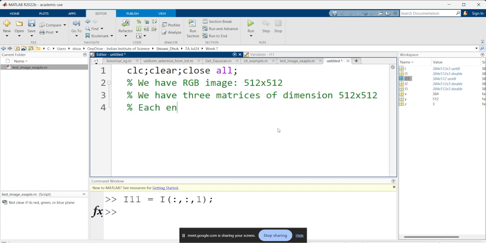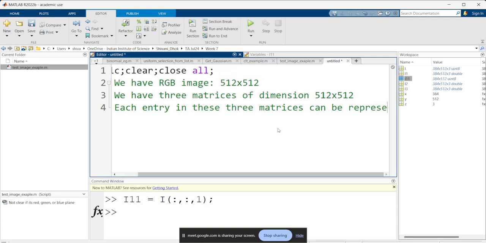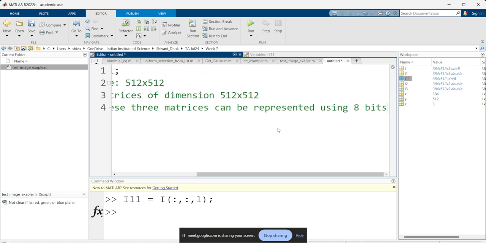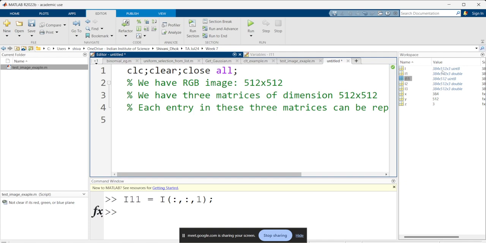Each entry in these three matrices can be represented using 8 bits. These are 8 unsigned bits, so if you can see here, the data type is unsigned 8.